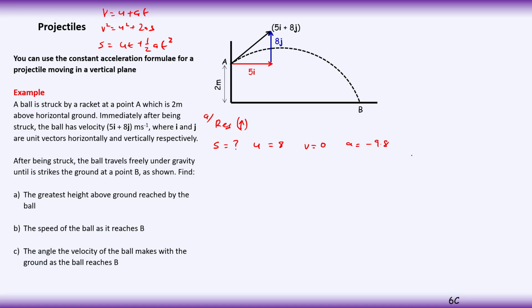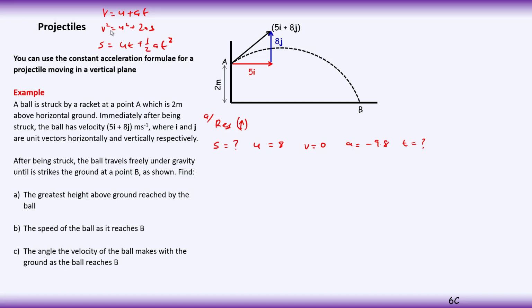Upwards is positive, downwards is negative. And T is an unknown. Okay, so I have S, U, V and A.